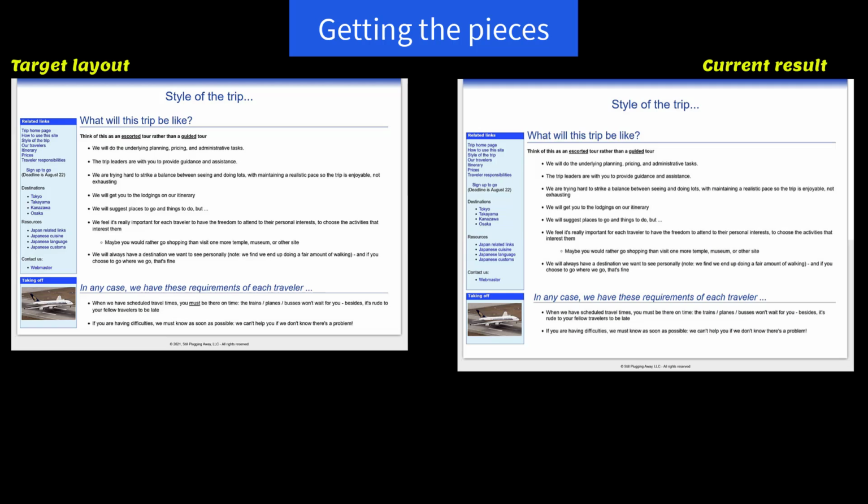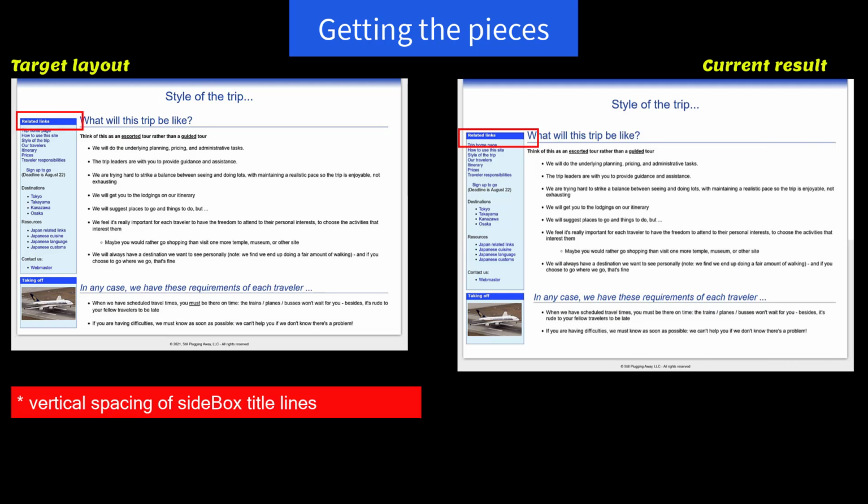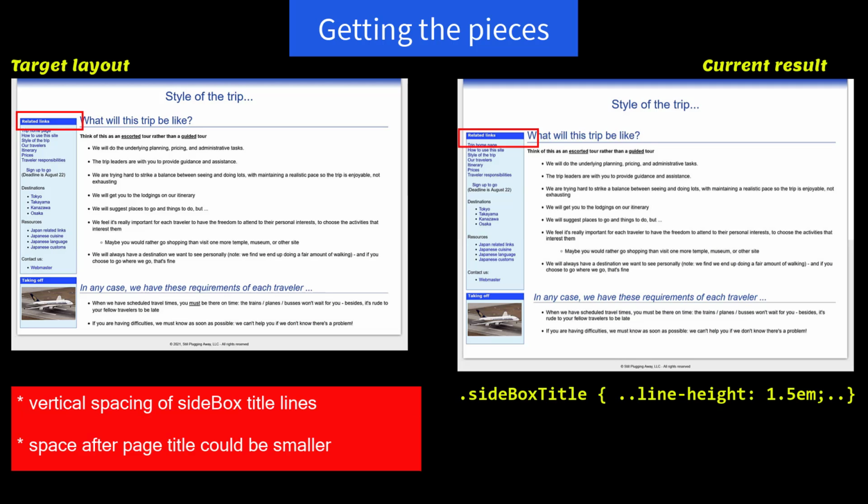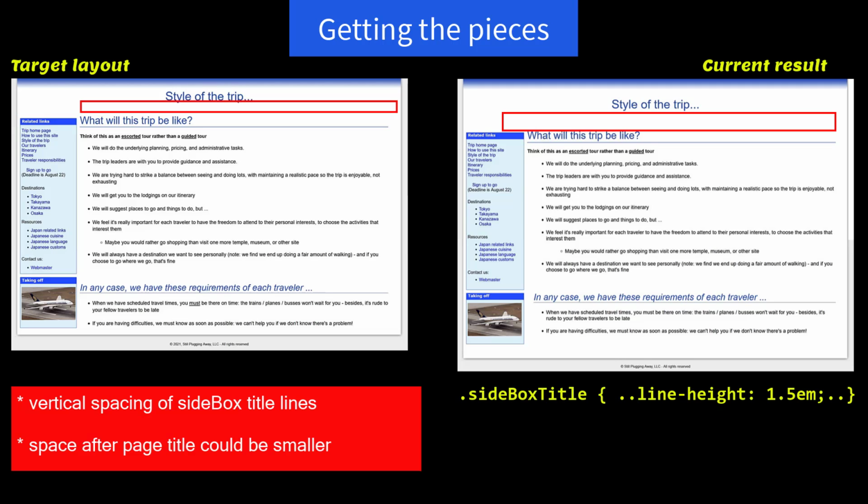Maybe. The title lines in the side boxes are a little more nicely centered vertically in the target than in the result. Solution: add line height 1.5em to side box title. The spacing after the title line in the result should be a little less.